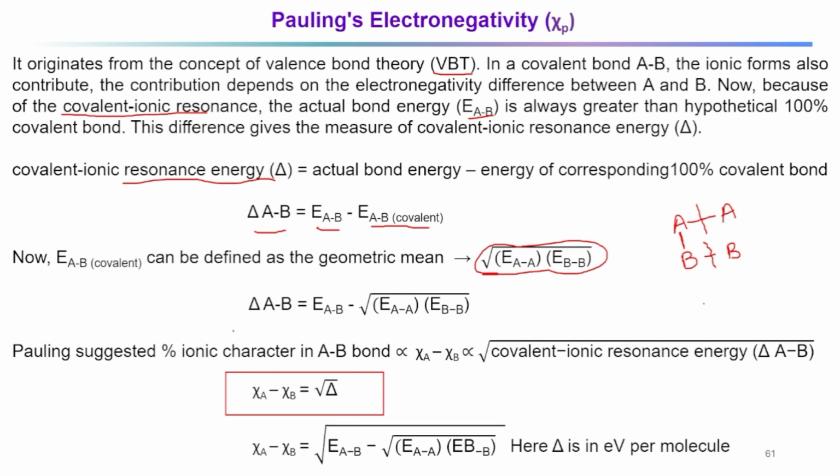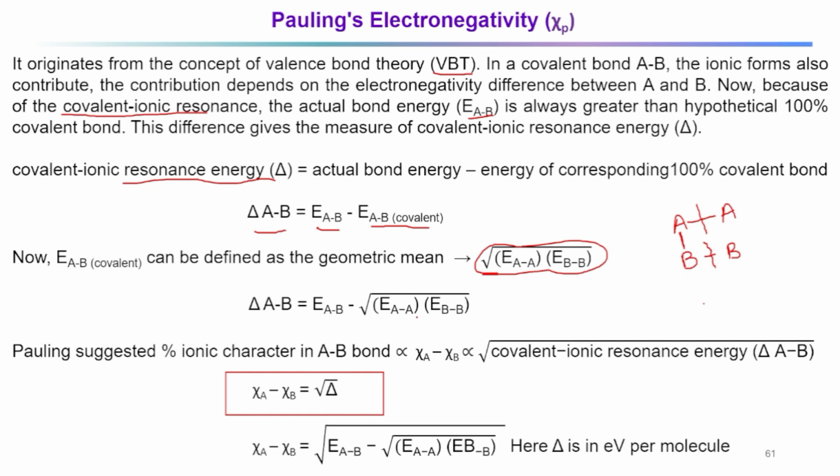Okay, so we can write this value in terms of the energy of a 100% covalent bond between AB. If we put that, we get delta AB is equal to EAB minus under root of EAA into EBB.